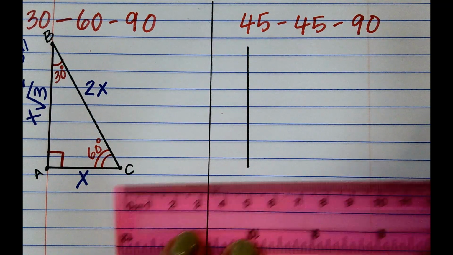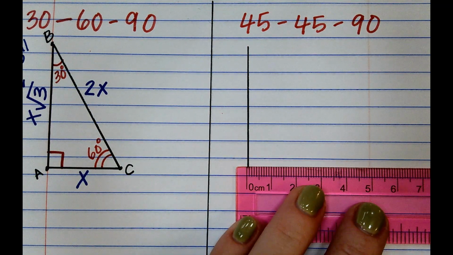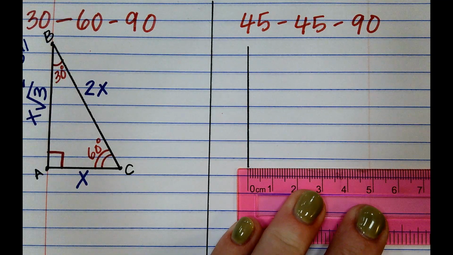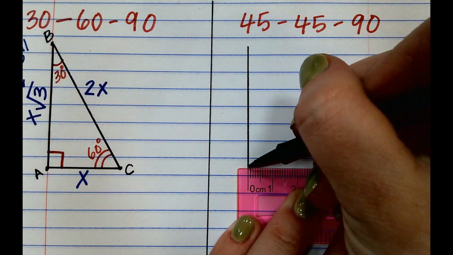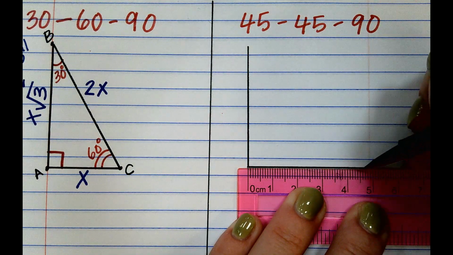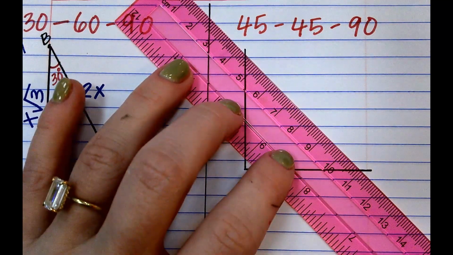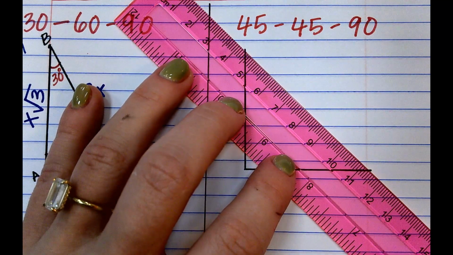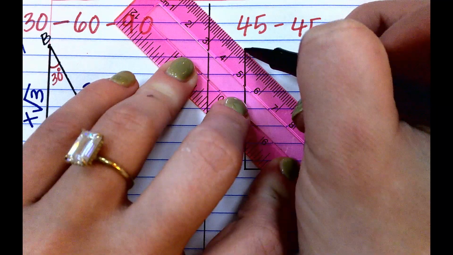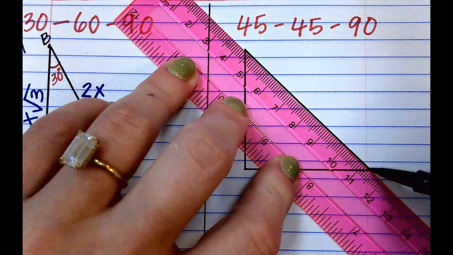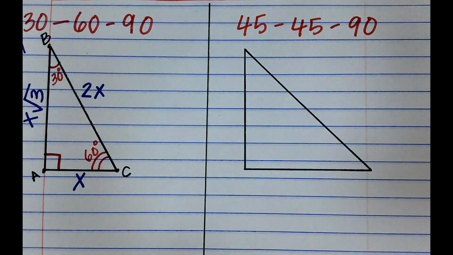And then to create the 90-degree angle, we'll make another side going along the blue lines of our paper. That's also 5 centimeters. And then we'll just connect those two lines, two legs, and draw the hypotenuse. And this is also the longest side.